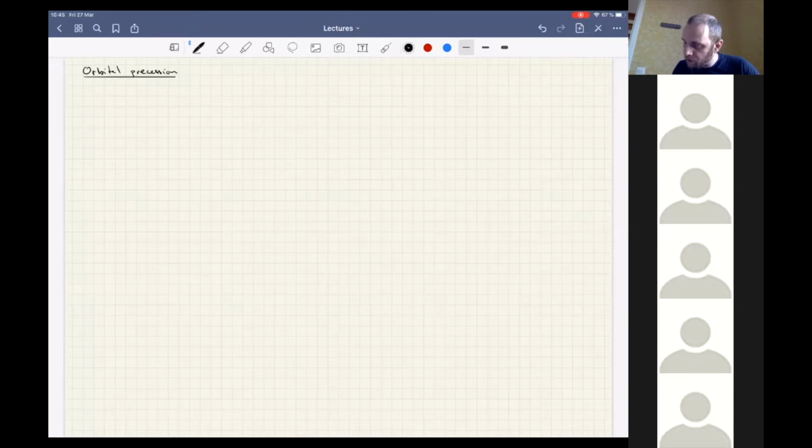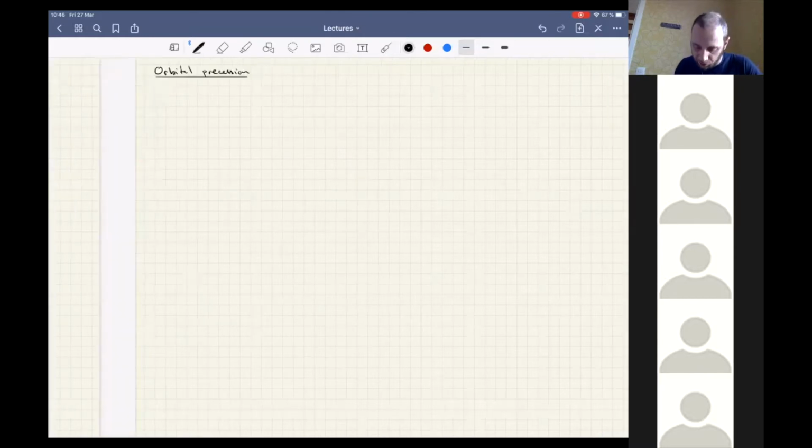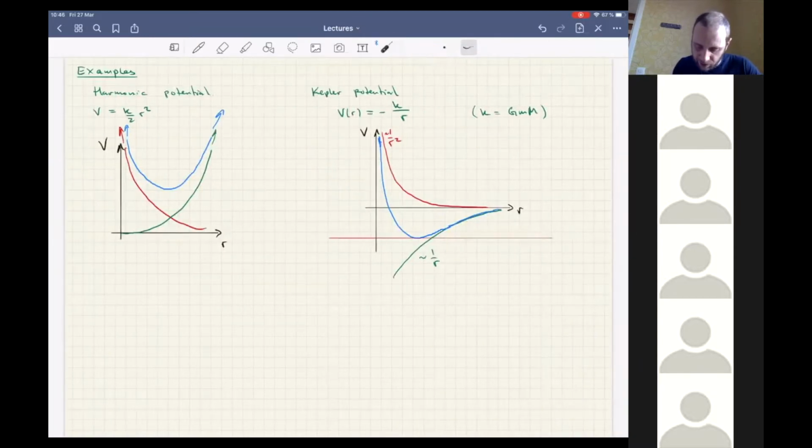And we are going to consider orbits close to this orbit where we have circular orbits. So I'm going to call this point R0.